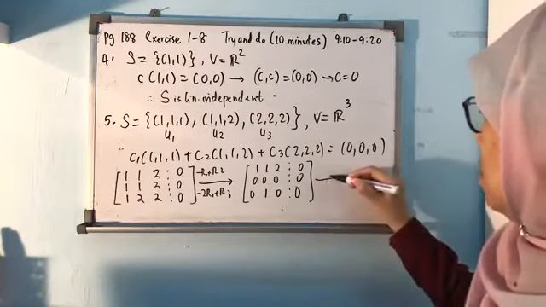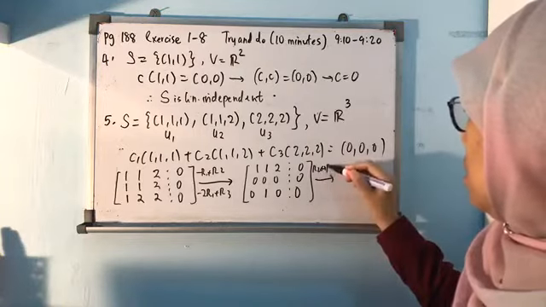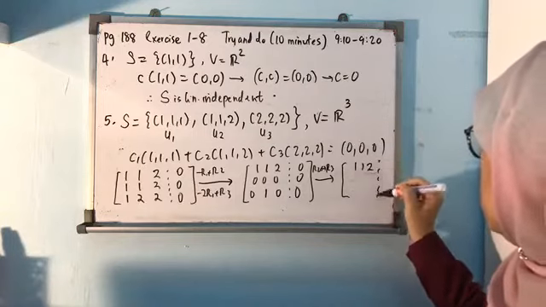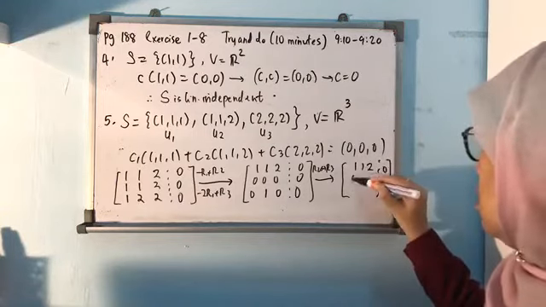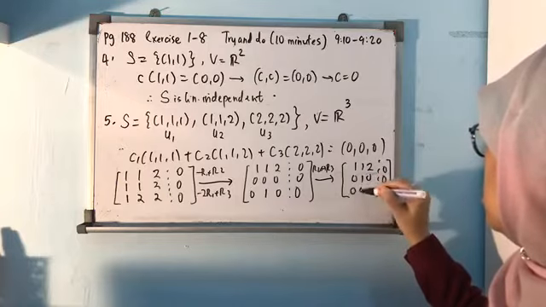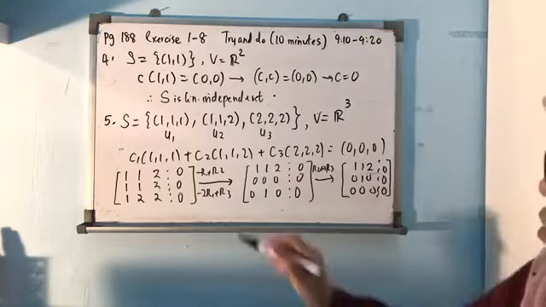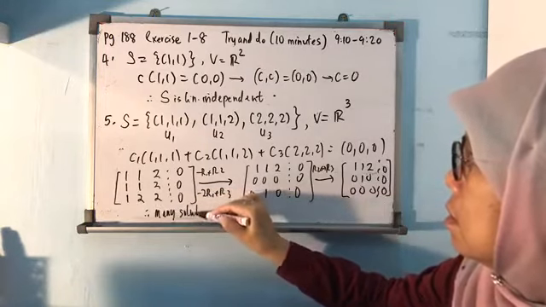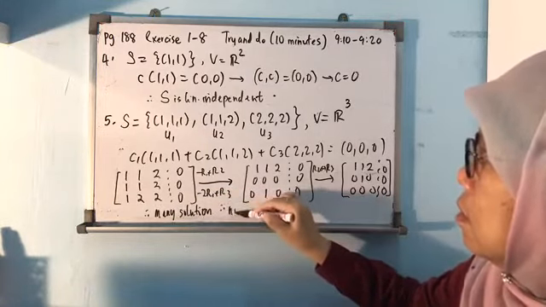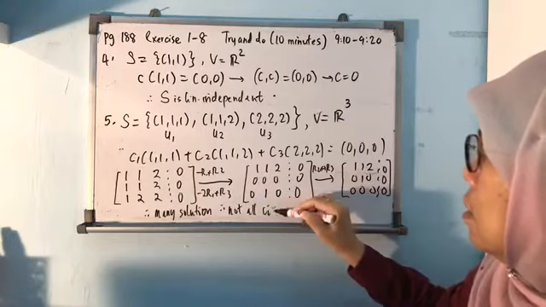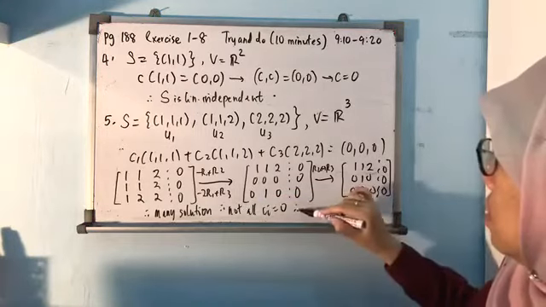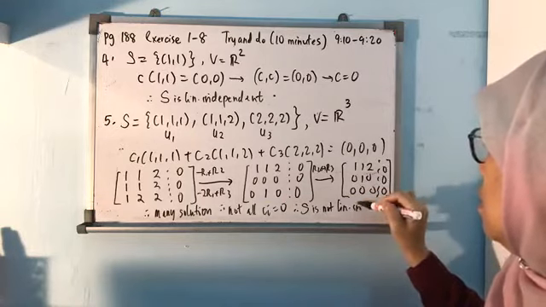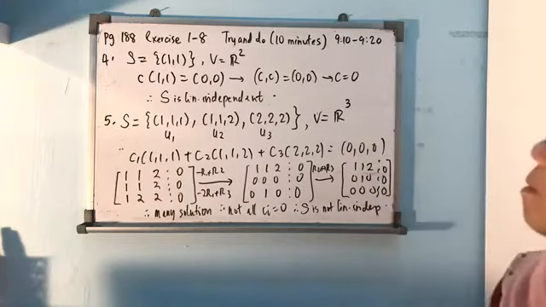One more, R2 with R3. 1 1 2 0, 0. So many solutions, not all Ci are 0, so S is not linearly independent.